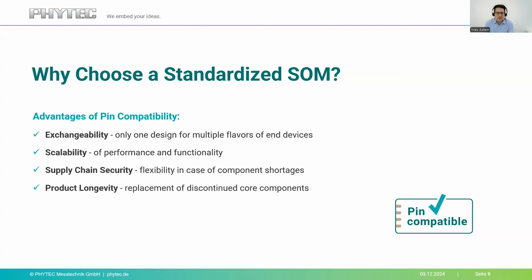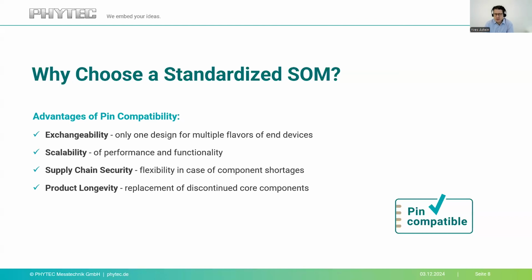And supply chain security. That's another topic. You want to be flexible in case of component crisis or so. There might be one chip vendor that can't provide the chip anymore, the processor, but another one can. And you just want to continue delivering your product.